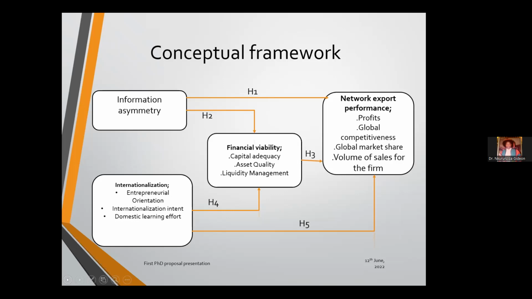But this raised another aspect. In my mind, if it is network export performance, are you going to do a dyadic kind of study? Could it be having a dyad somewhere, so that the aspect of network comes in?